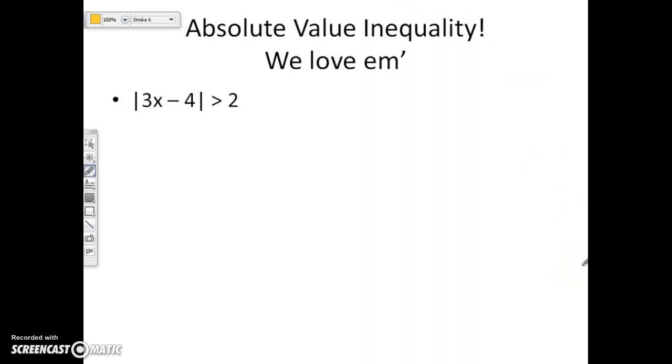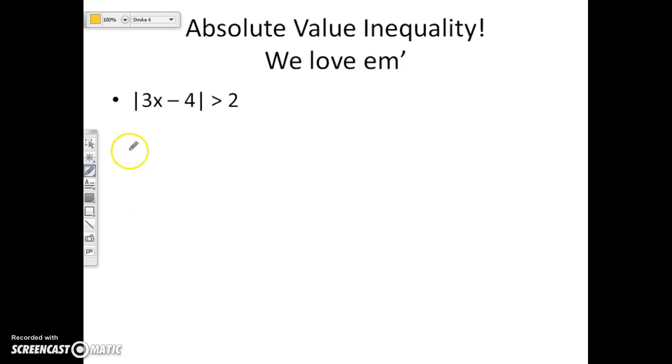All right, absolute value inequalities. We love them. They're back from Unit 1, and you will want to review them before you tackle this final exam. So what do we do? Remember, absolute value reflects that nature that it is a distance, and that distance could be either in the positive direction from 0 or in the negative direction from 0.